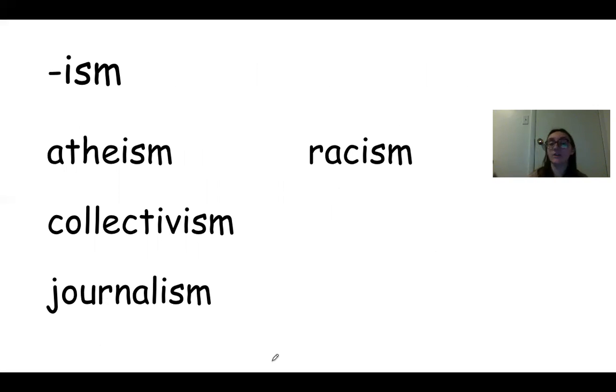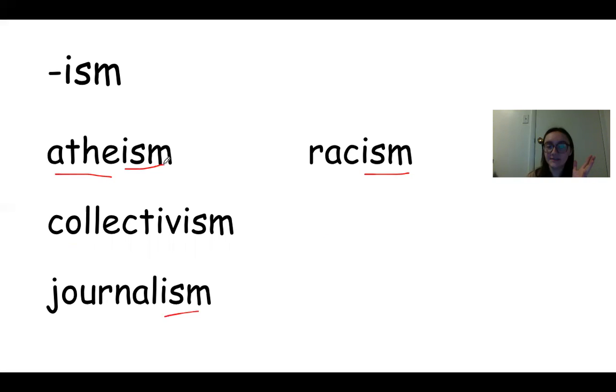So other words that use the ism: atheism, collectivism, journalism, racism. And you'll see that all of these words are combining a word that we know with the suffix ism.